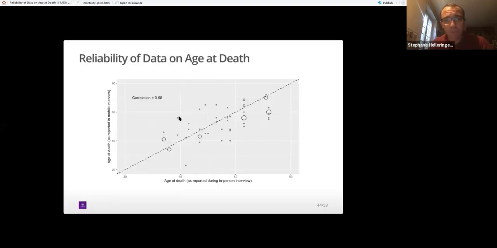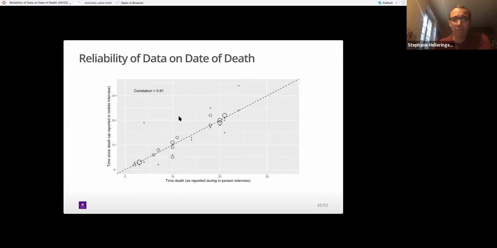Same thing for the data on age at death, fairly strong correlation and no systematic bias overestimating or underestimating in mobile interviews. And same thing for the data on the date of death in particular.